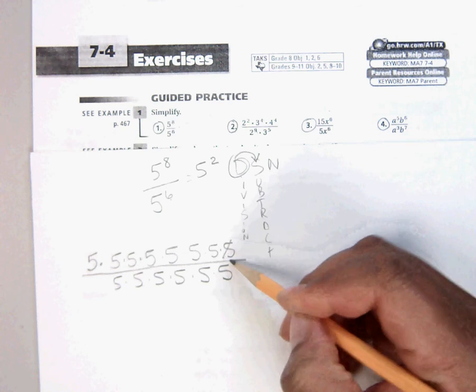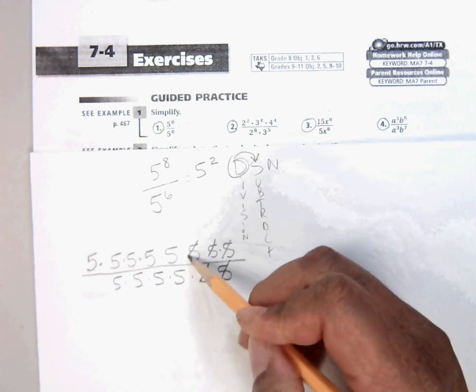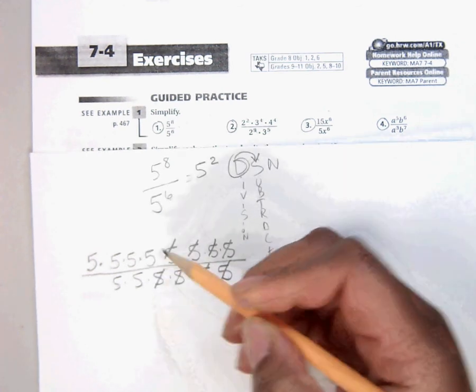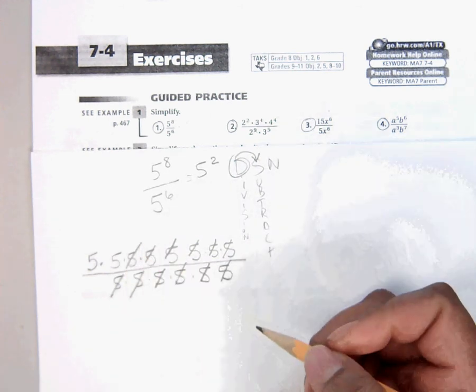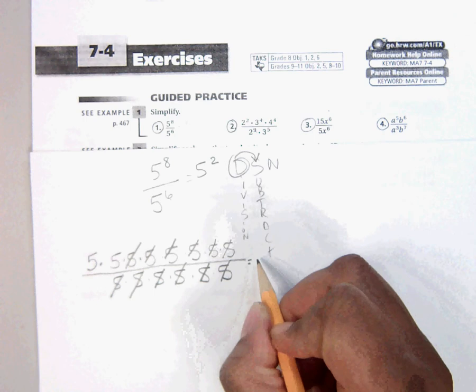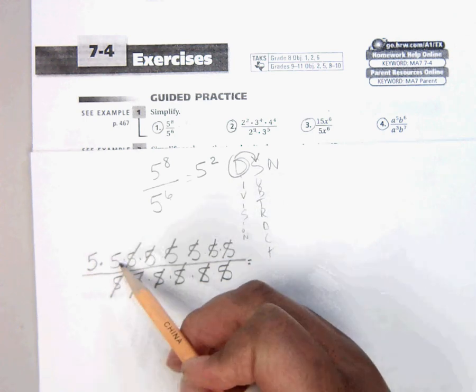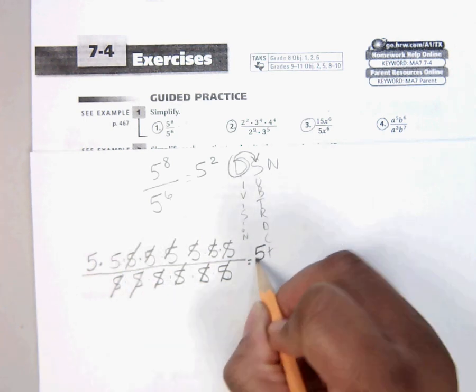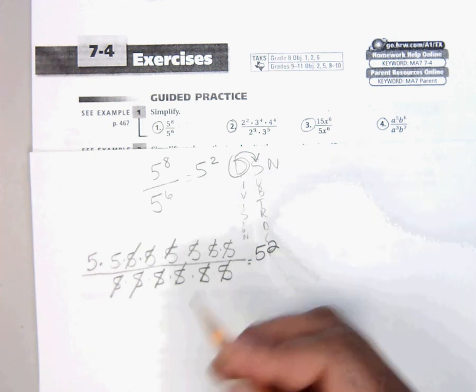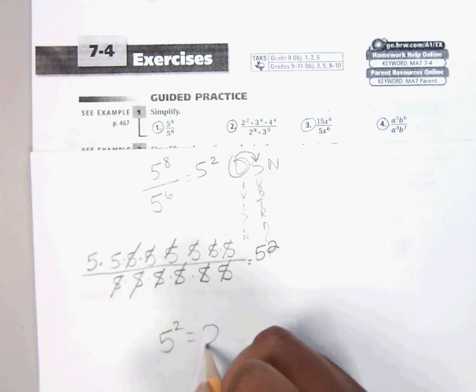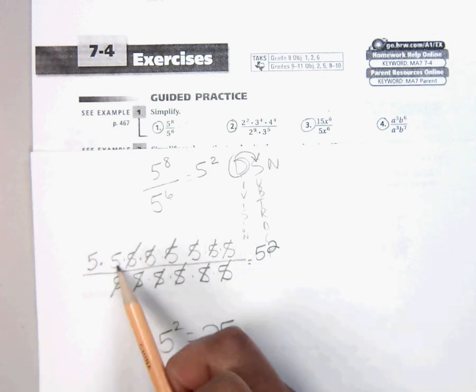Okay, and then I cancel, cancel, cancel, cancel, cancel, cancel. And what do I have left? I have 2 5s in the top of my fraction. That is 5 squared. 5 squared is not 10. 5 squared is 25. 5 times 5.